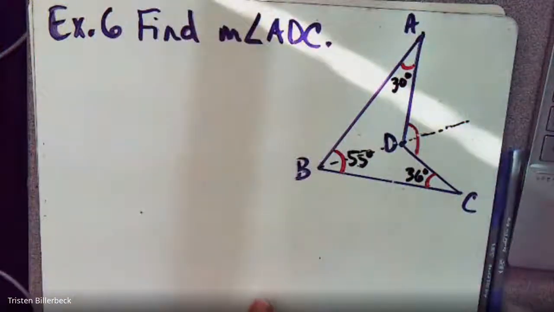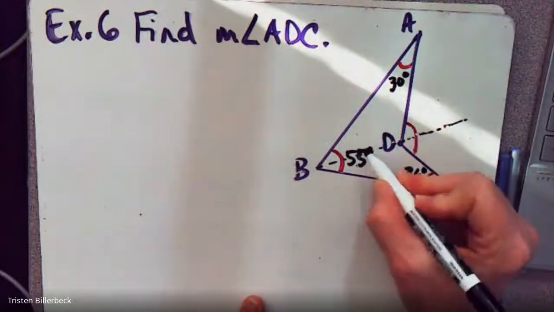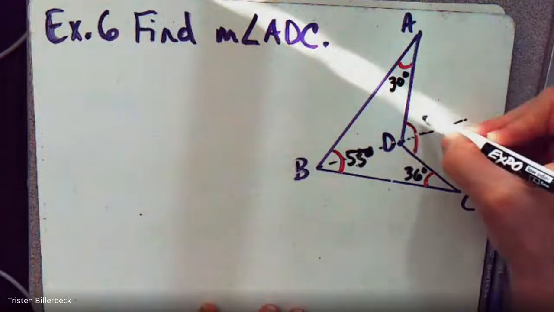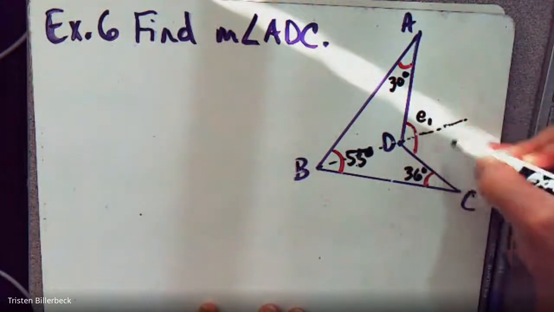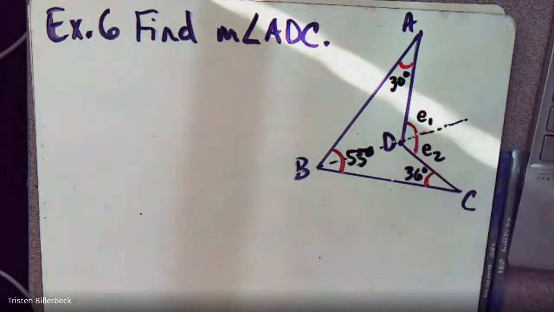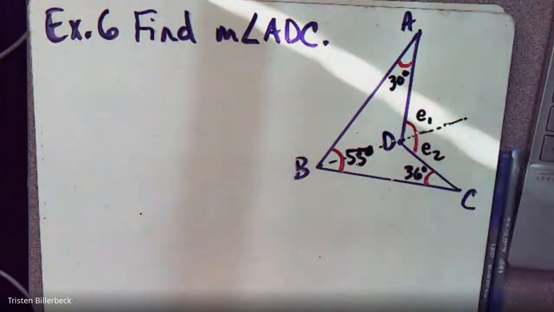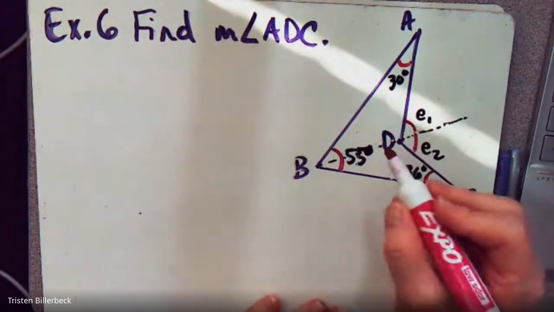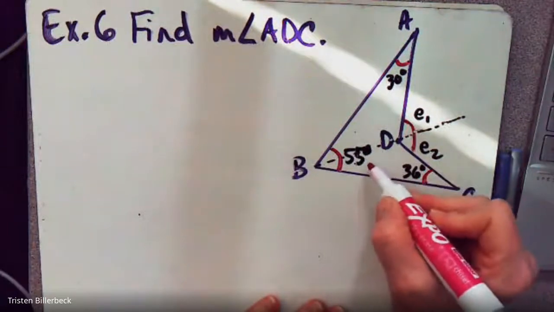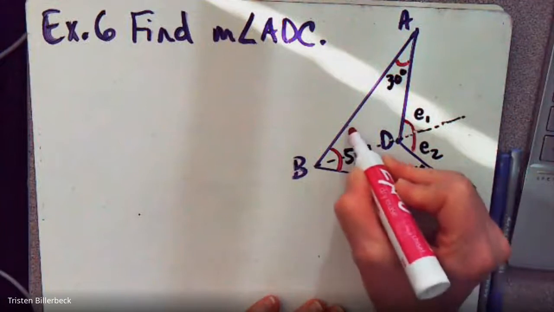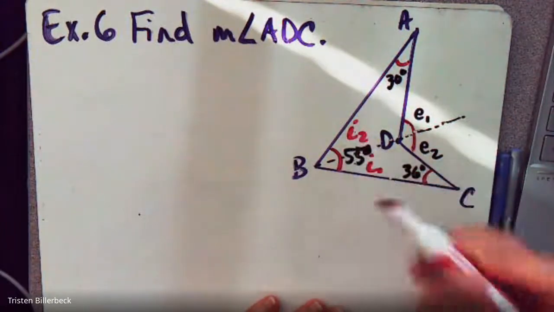The full angle here is 55 degrees. This is exterior angle 1 and exterior angle 2. Let's call these interior 1 and interior 2, I1 and I2.